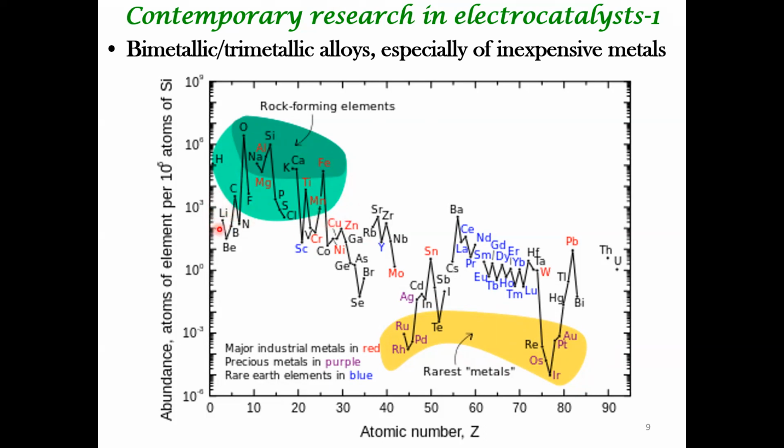Thankfully, for the lithium-ion battery, lithium is somewhere here. All the silicon solar cells, silicon is here, so solar cells are still possible. But if silicon had been here, or lithium had been here, kaput. There would be no way of using solar cells based on silicon.